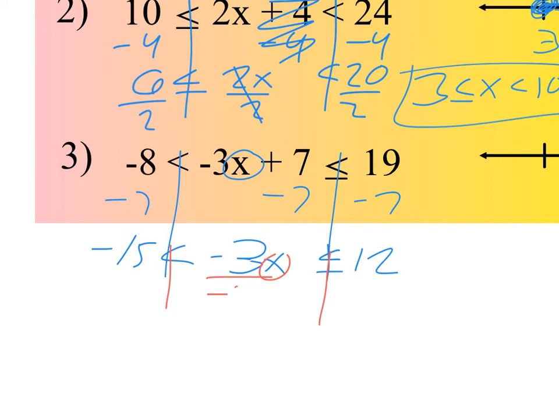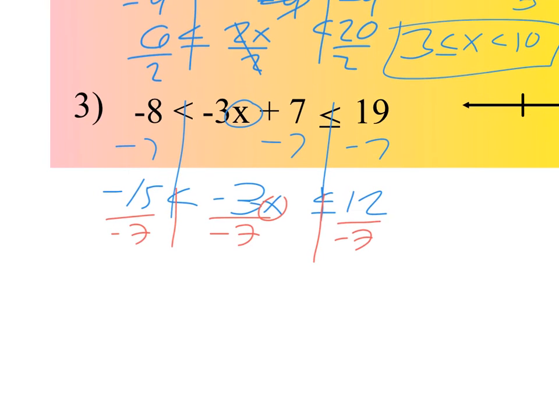I got to divide everything by -3. And I've changed color for a reason, just as a little reminder in the back of your mind. Okay? Inequalities, what happens when you divide by a negative? Yes, even in these compound cases, I have to circle both of the inequality signs and turn them around.